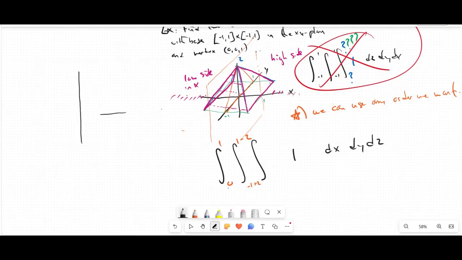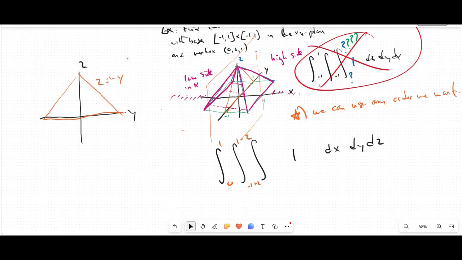Here's the YZ plane, here's that triangle. If z is a function of y, this one is z equals 1 minus y, and this one over here is z equals -1 plus y. Oh, no, I did that wrong, sorry. 1 minus y, and this one is z equals 1 plus y.